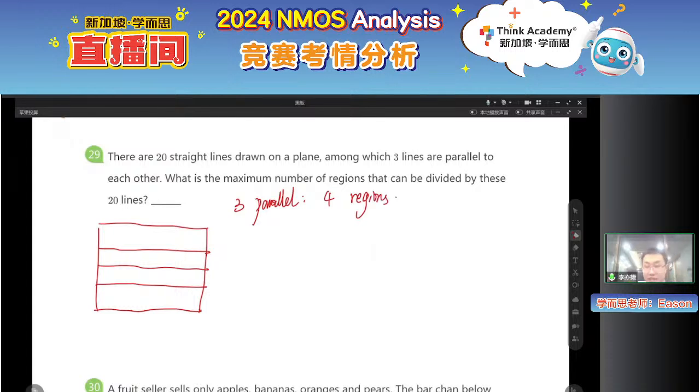Now we have 17 other lines. What if we draw the first line? You should see that it intersects with the 3 other lines, so there are 3 intersections. The 3 intersections divide this line into 4 piles, and each of these 4 piles divides one region into 2, so we get 4 more regions.